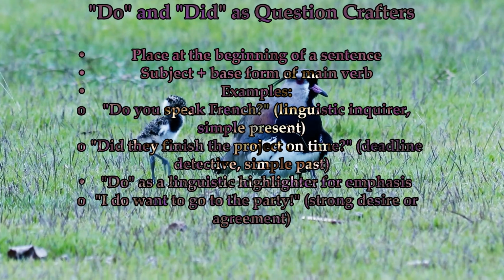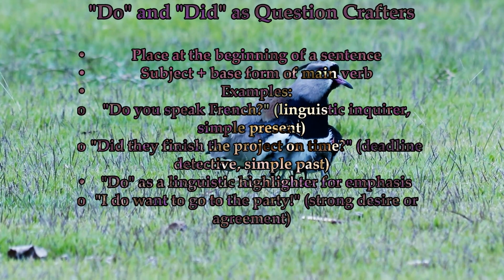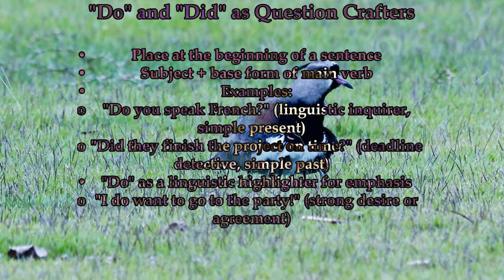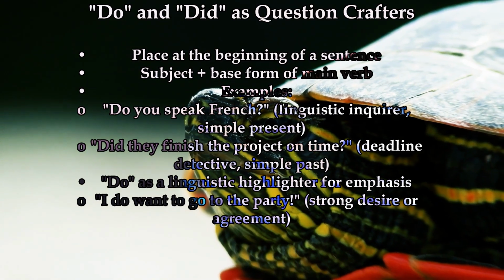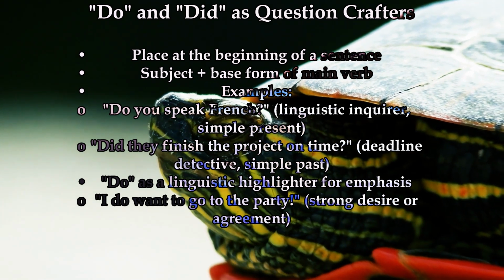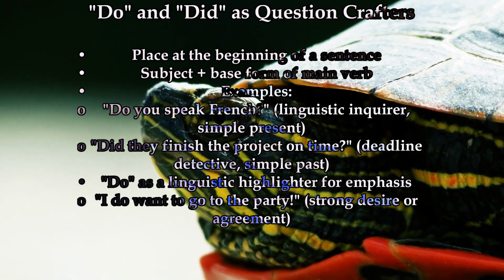By placing them at the beginning of a sentence, followed by the subject and the base form of the main verb, we can create questions that seek information or confirmation. Do you speak French? Becomes a linguistic inquirer in the simple present tense, while did they finish the project on time? Transforms into a deadline detective in the simple past tense.